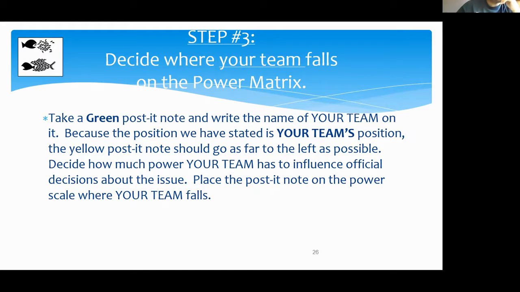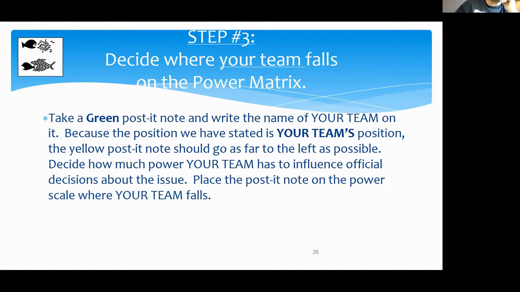Step 3, write the name of your team. And because the position we have stated is your team position, it should be noted you go as far to the left as possible on the agreement side, right? Full agreement. You all agree with it. So to the left, but then you've got to decide how much power you have.